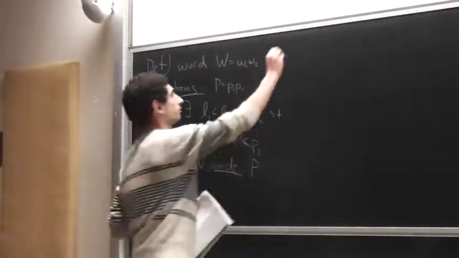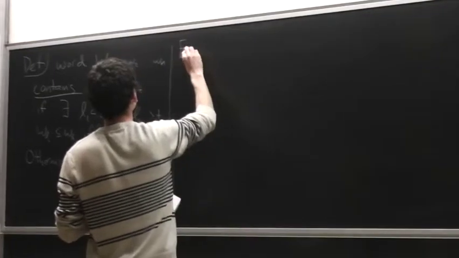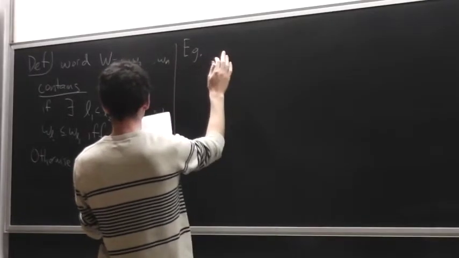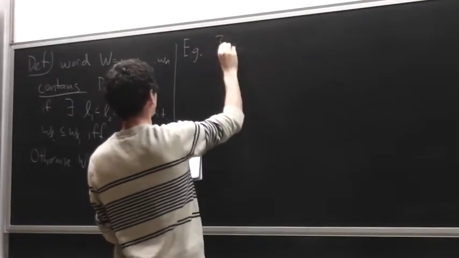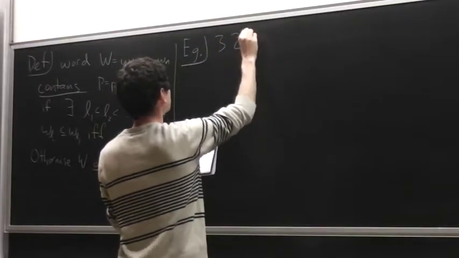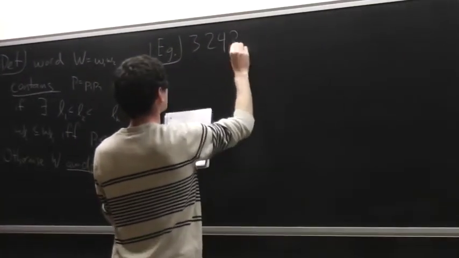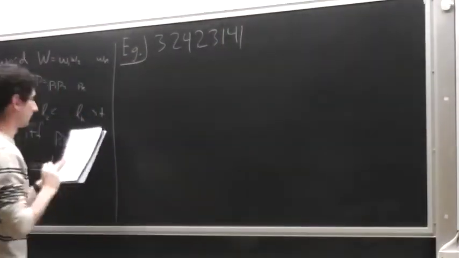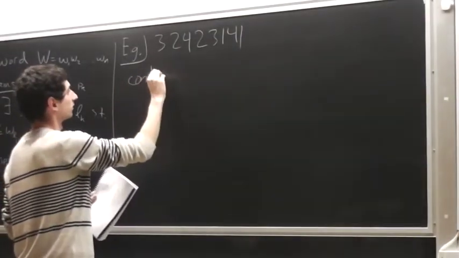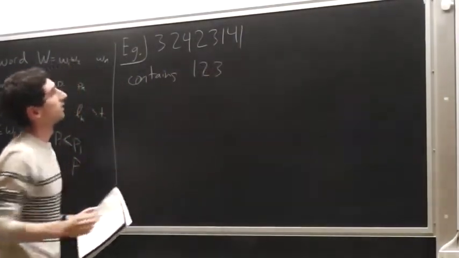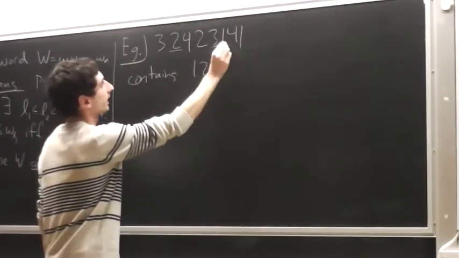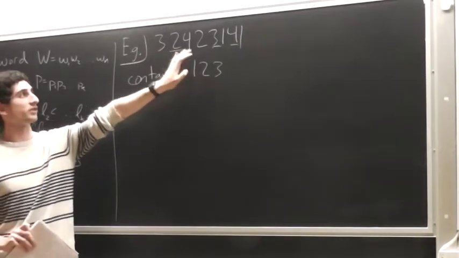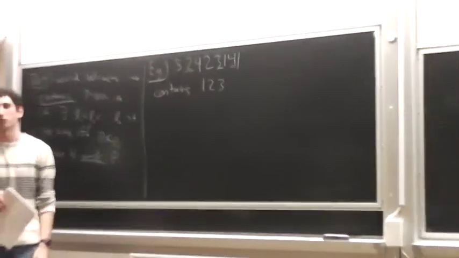Let's look at an example. For example, 3, 2, 4, 2, 3, 1, 4, 1 contains 1, 2, 3 because I can find these three elements and they occur in the same order in this word as they do in 1, 2, 3: first the smallest, then the middle, then the largest.